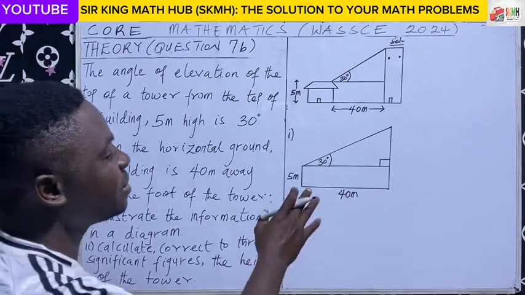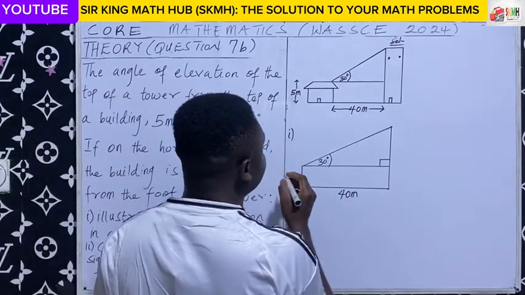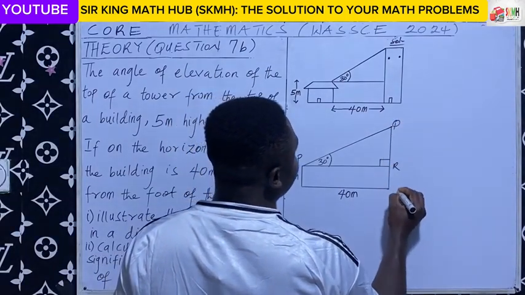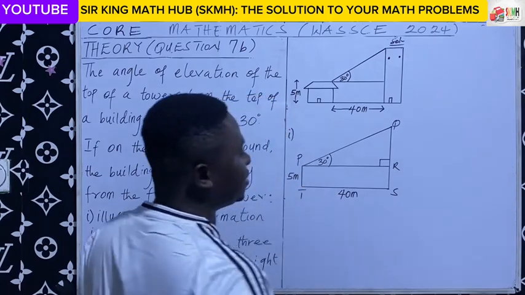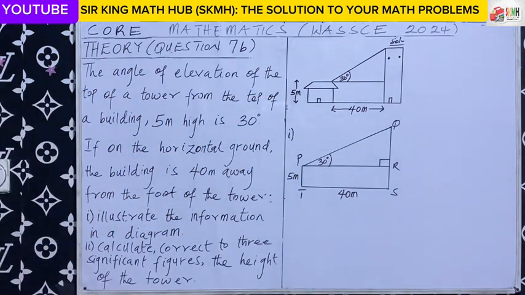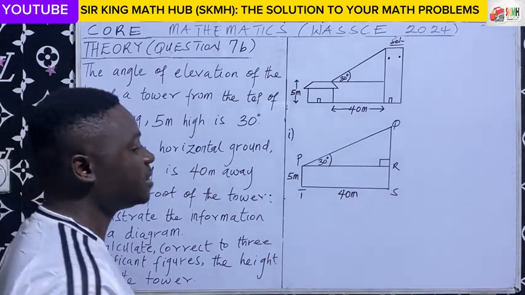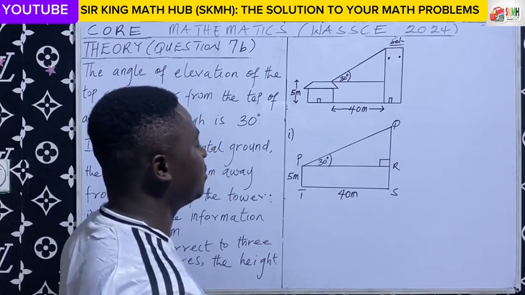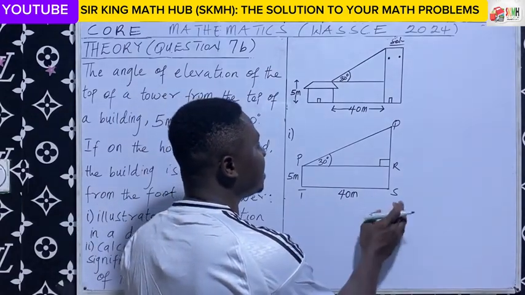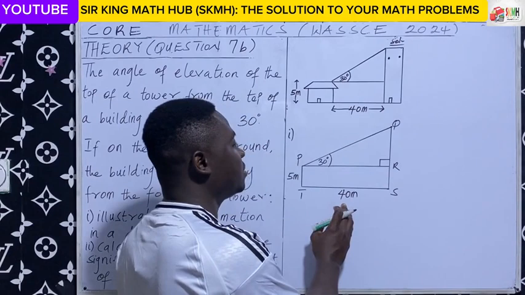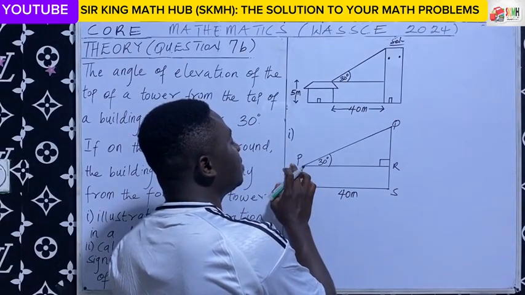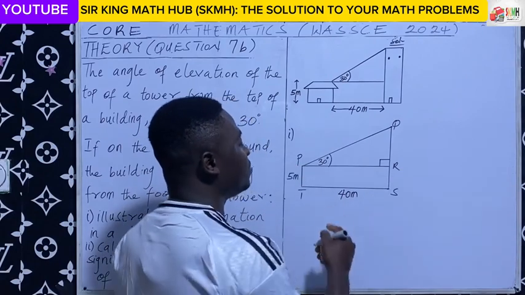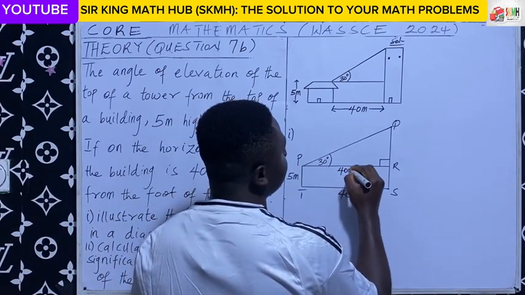So let's name our diagram. So I'm going to name it as P, Q, R, S, T. That is how we have named our diagram. Now, let's do some small analysis here. If line TS measures 40 meters, then the length of line PR will also measure 40 meters.